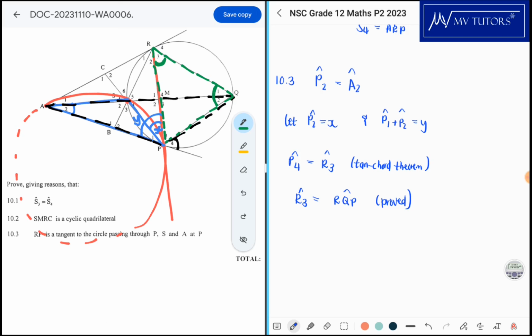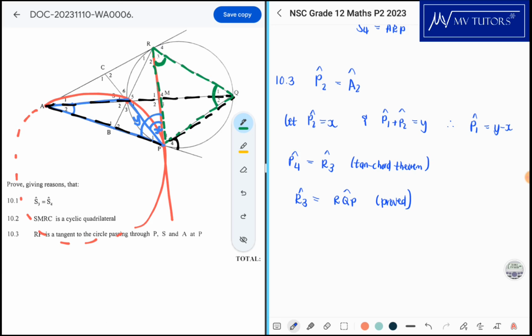Yeah, now I'm lost in my calculation. Okay, so P2 is equal to X. I said P1 and P2 is Y. Therefore, I can conclude that P1 is actually Y minus X. If I take P2 as X to the other side, P1 is Y minus X.